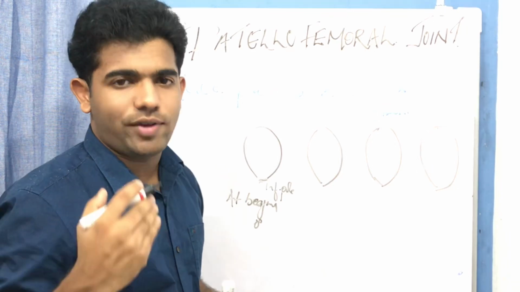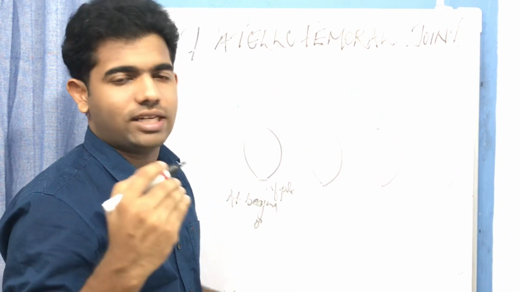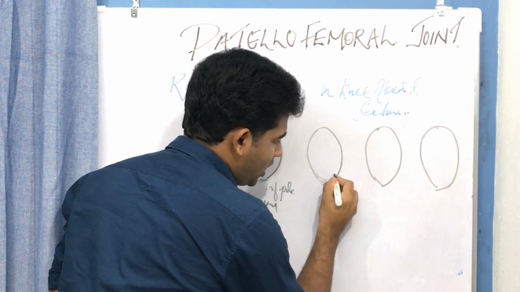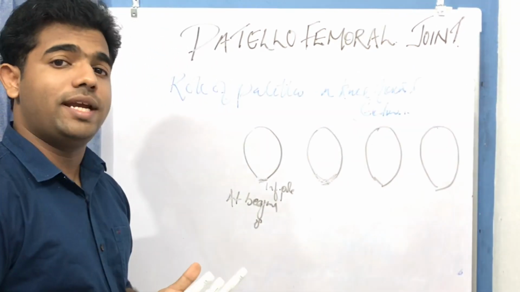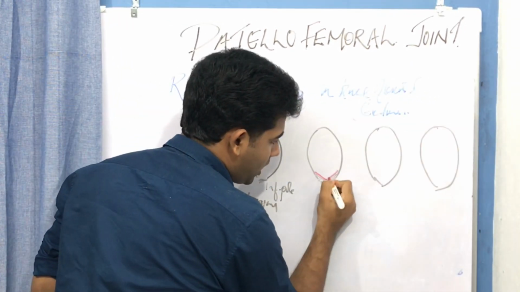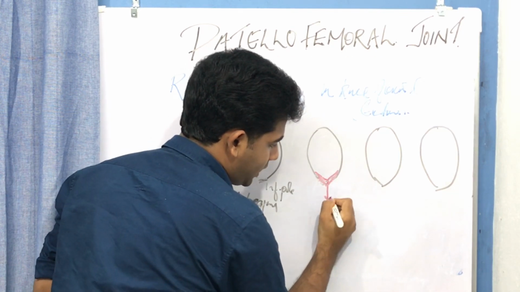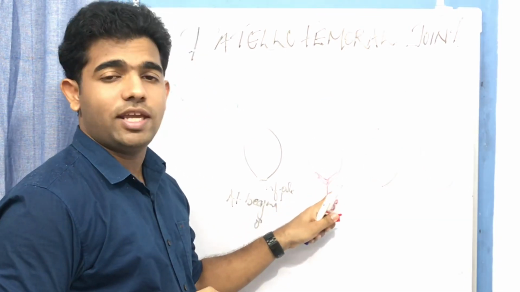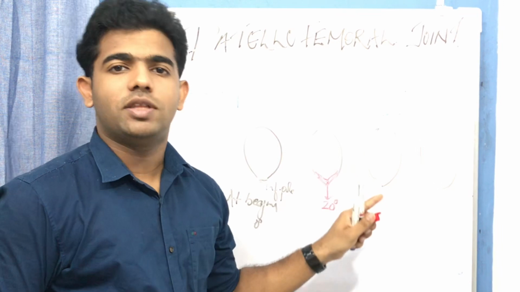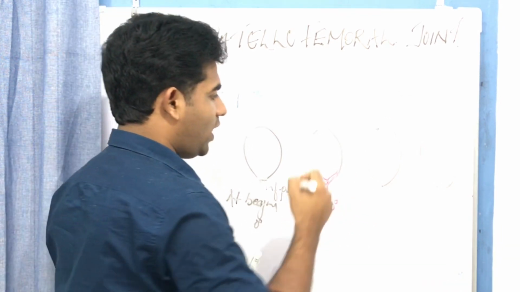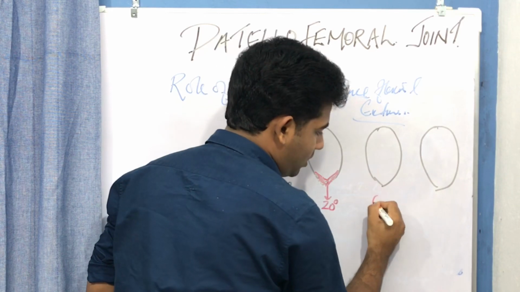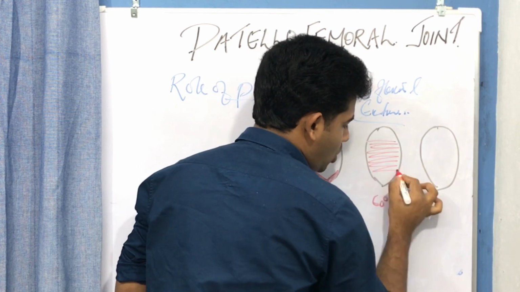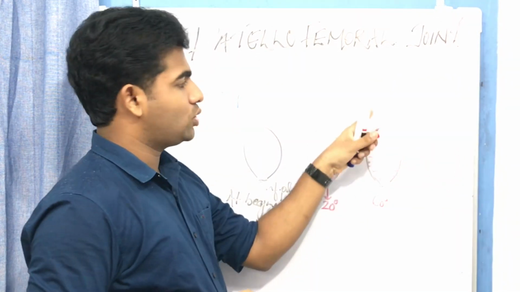Now when flexion increases slightly, at about 20 degrees of flexion, the inferior margins of both the medial and lateral facets come in contact with the femur, right? When flexion increases again, at about 60 degrees, almost all parts of the patella come in contact with the femur except the superior region.